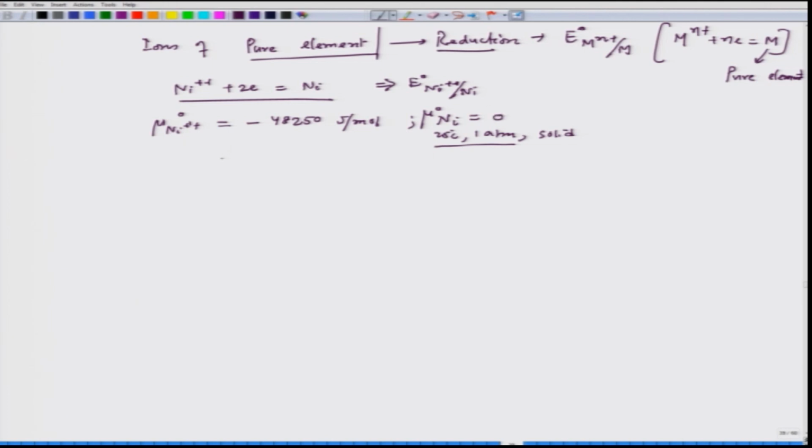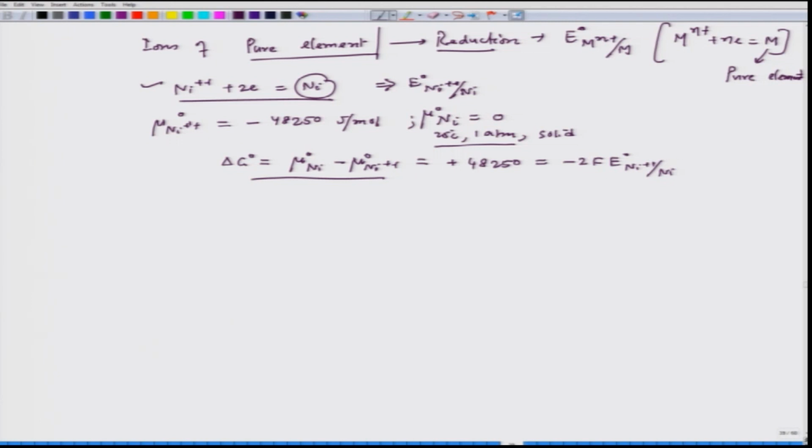So, now we can find out delta G0 equal to mu0 Ni minus mu0 Ni plus plus, then it becomes plus 48250, which is nothing but minus 2 F E0 Ni plus plus/Ni. Remember, since we are considering reduction process, that is why we are writing the reduction free energy change for nickel from this reaction.